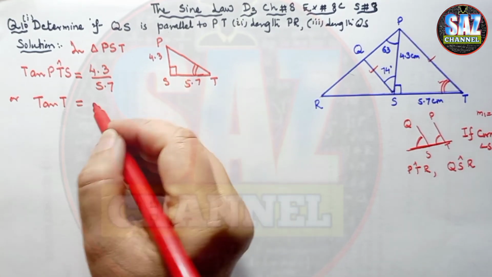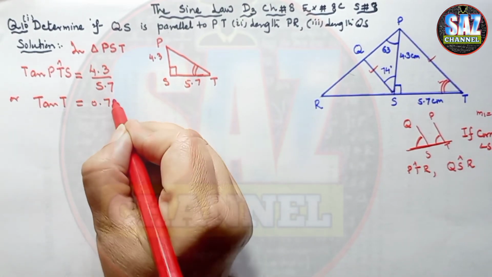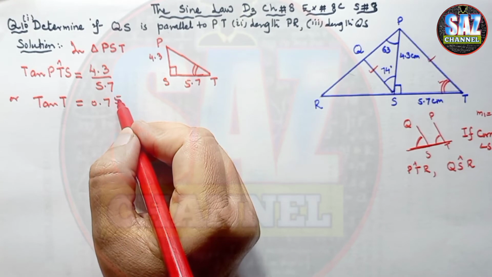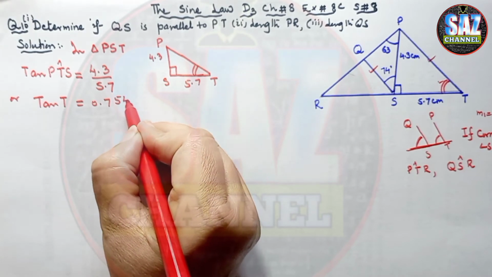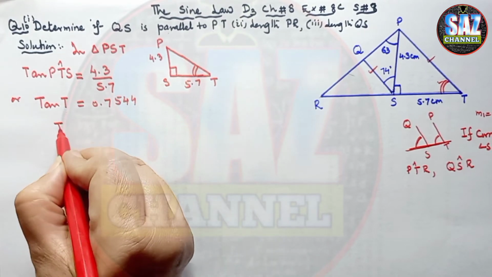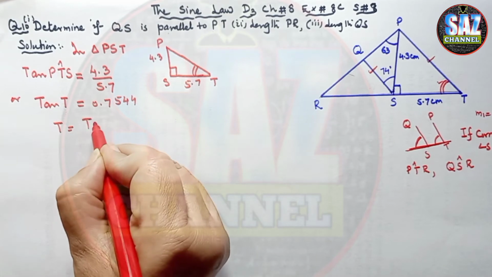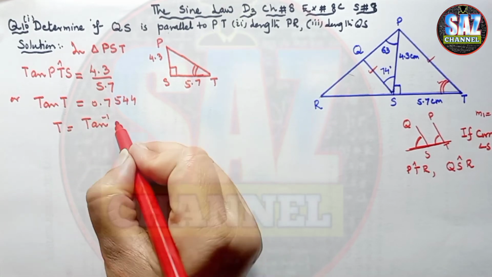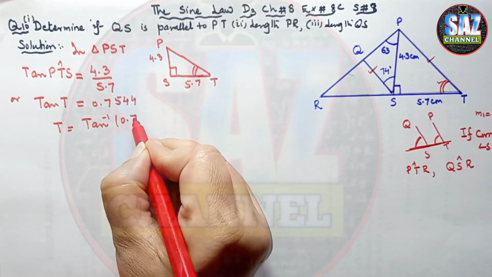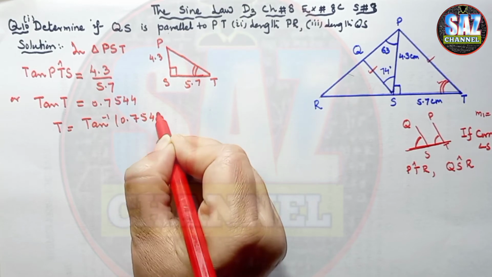and this gives me 0.7544, and T equals tangent inverse of 0.7544.